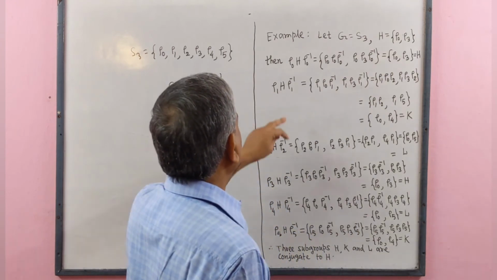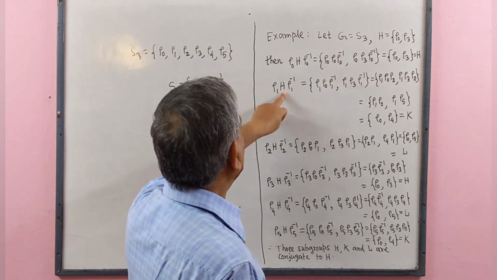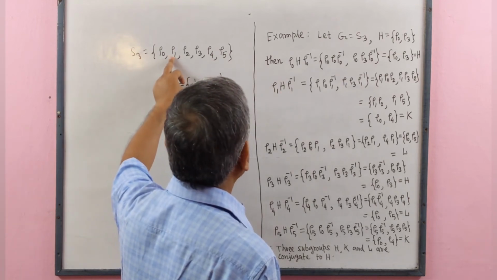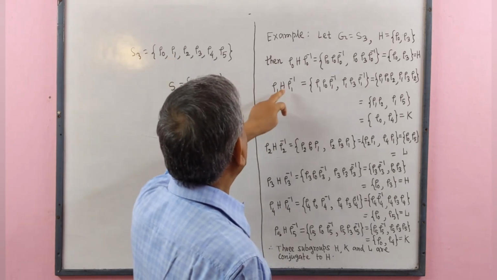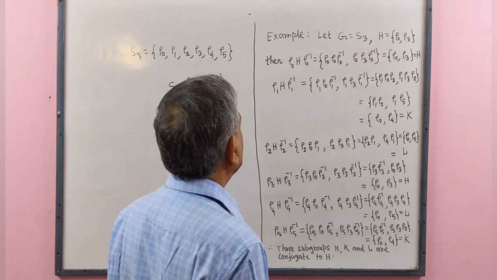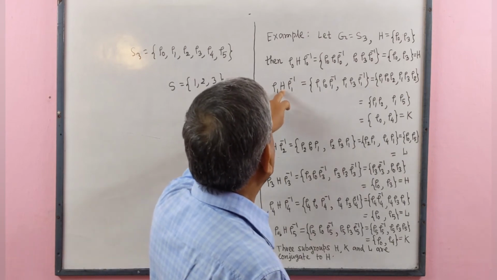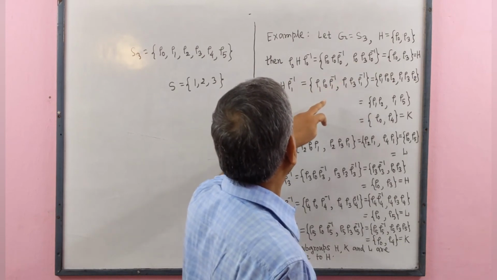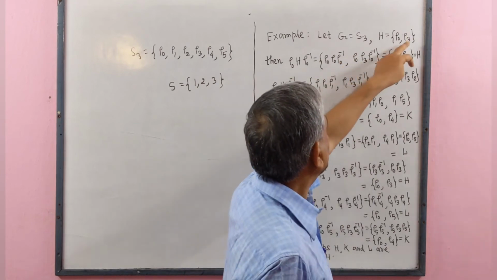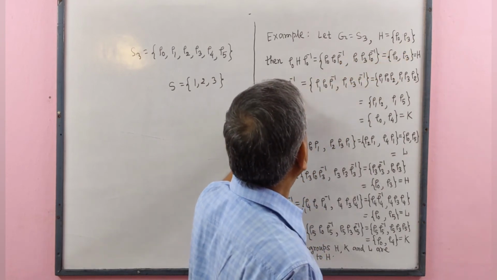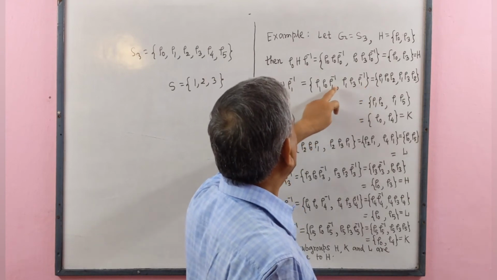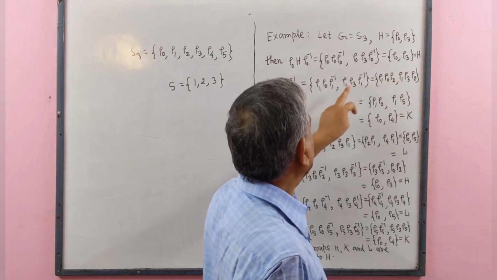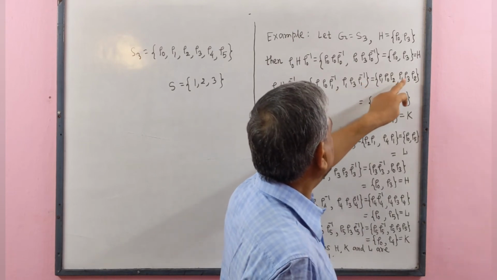Now we want to get the conjugate of H with respect to element ρ1. So ρ1 H ρ1⁻¹. Firstly we take element of H, ρ0. So here ρ1 ρ0 ρ1⁻¹. Then we take element of H, ρ3: ρ1 ρ3 ρ1⁻¹. Since ρ1 inverse is ρ2, here we write ρ2, here we also write ρ2.